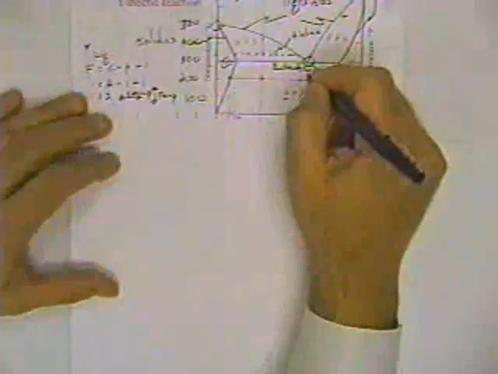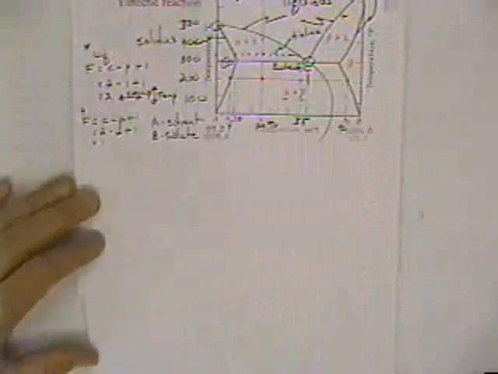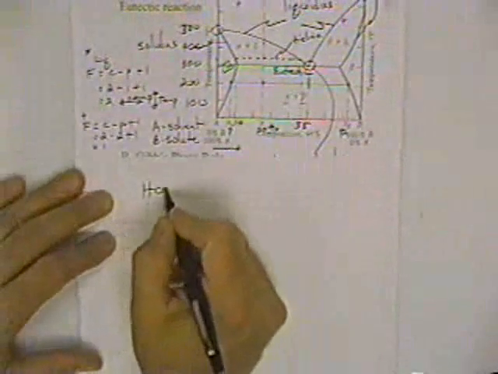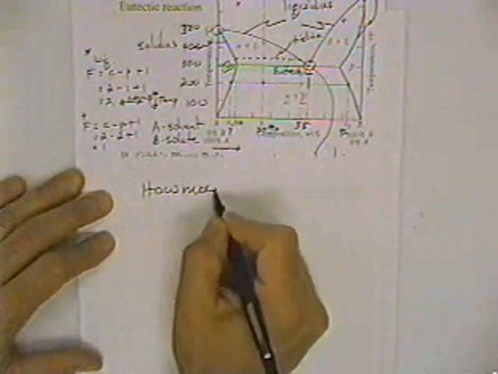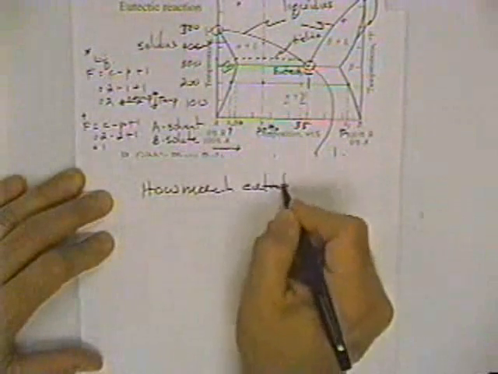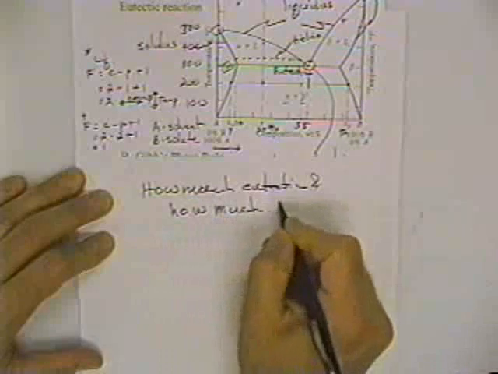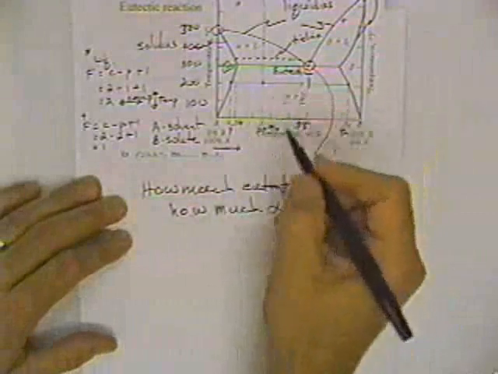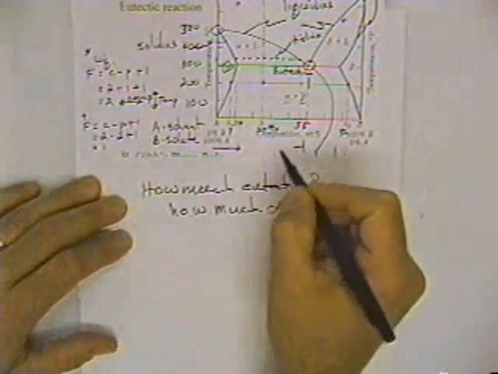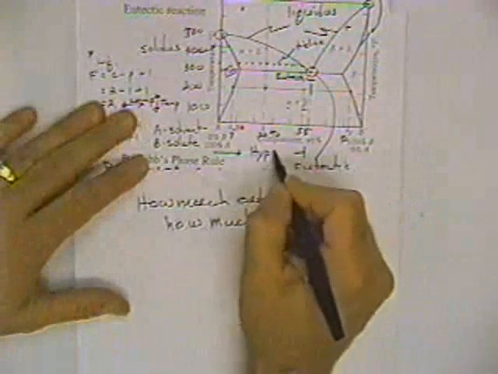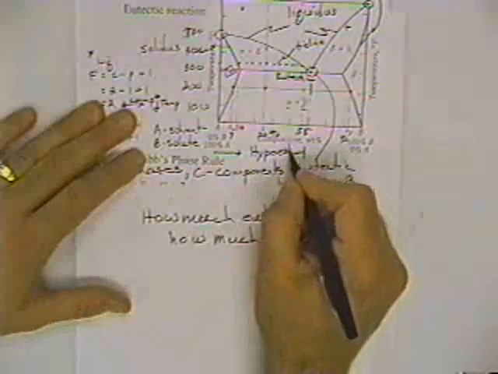Now there's one other thing that you can do here. If you wanted to know how much eutectic and how much alpha, you could draw your tie line right at the eutectic point, and then the question could be how much eutectic and how much alpha, because we're on the side of the diagram that's called hypo-eutectic.